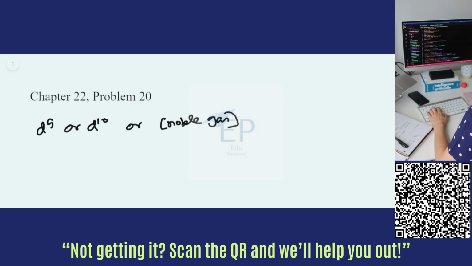So these are the electronic configurations, and which oxidation state can provide this kind of electronic configuration.